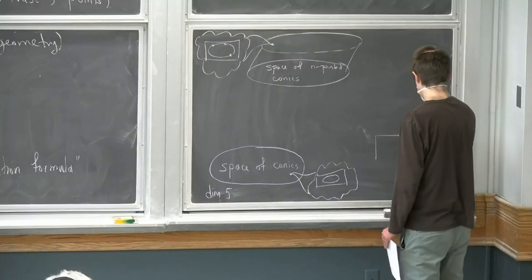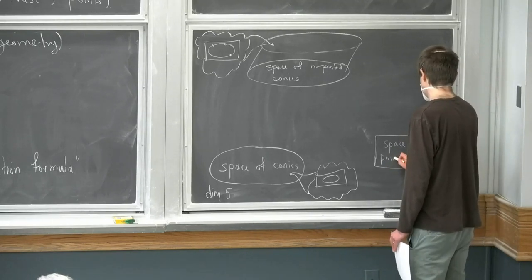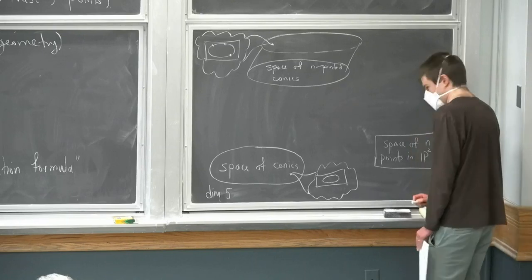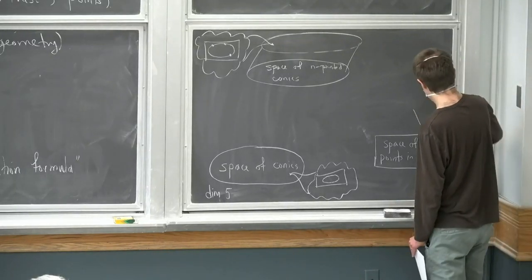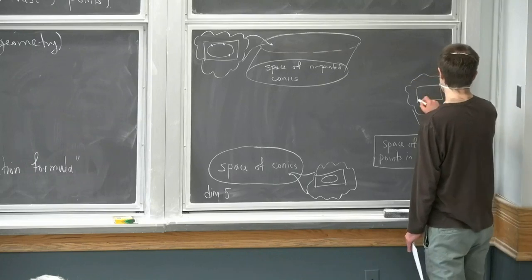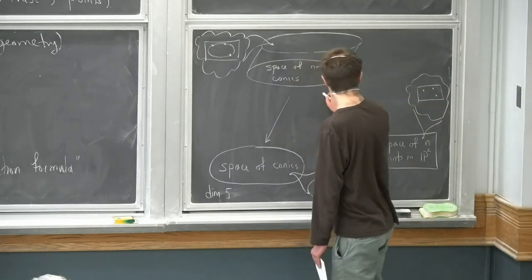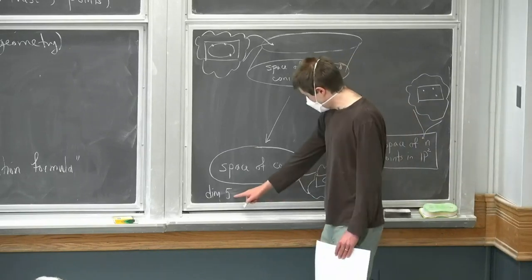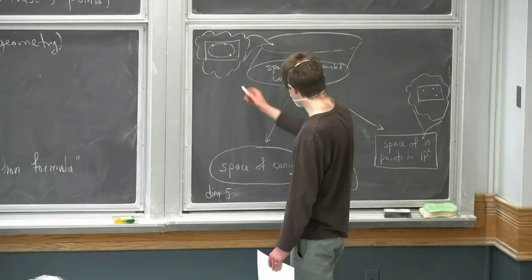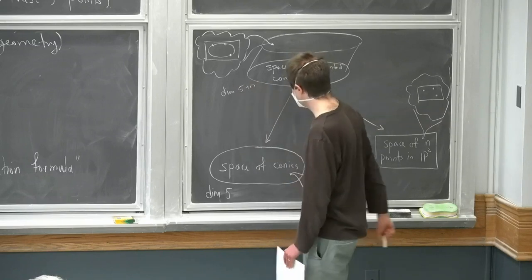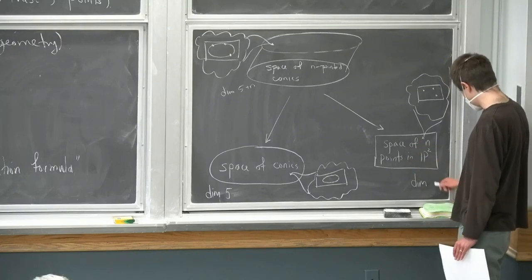And here's my space of n points in the plane, and I'm going to start using the projective plane here as my plane. So, a point here is just parametrizing my collection of points. And I have maps like this, right? And so this is dimension 5. And if I want to specify n points on this conic, which is a curve, then it's going to take me n more conditions. So this will be dimension 5 plus n. And now this is dimension to specify n points in a two-dimensional space. This is dimension 2n.